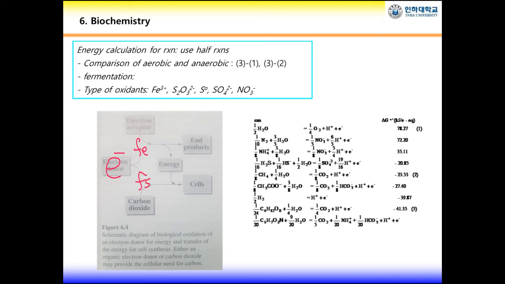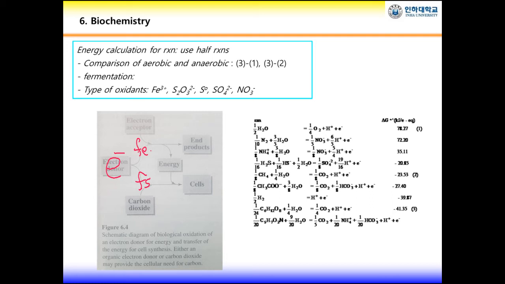So we can divide the electrons into two categories: the fraction that is used for energy generation, and the fraction that is used for cell synthesis. That's why you have fe, the fraction used for energy generation, and the fraction of electrons used for synthesis.